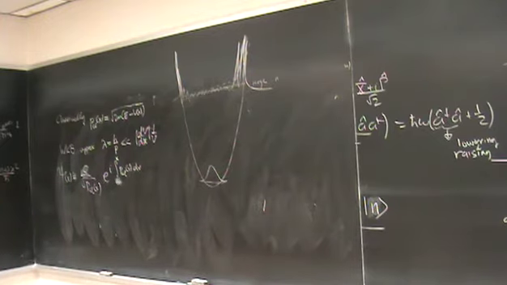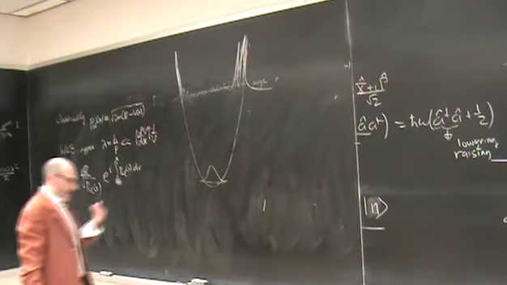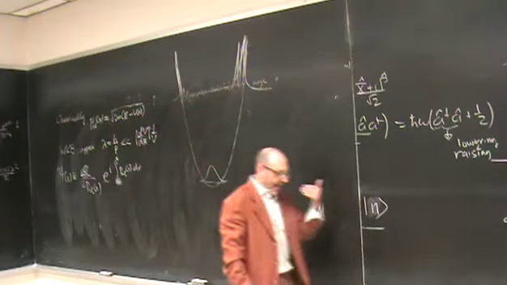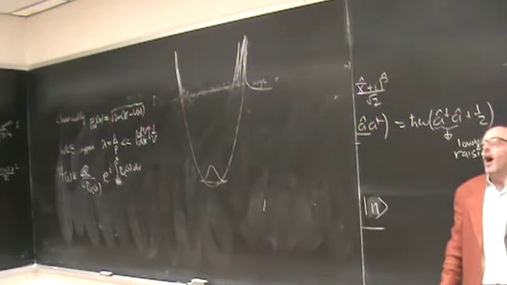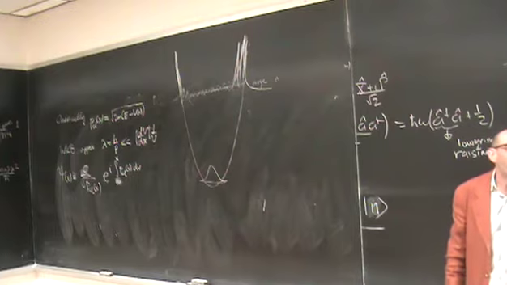And we saw that a few lectures back when we looked at how the amplitude and phase of the wave function obeyed equations that were the classical Hamilton-Jacobi equation. Okay? So this is sometimes known as the correspondence principle.